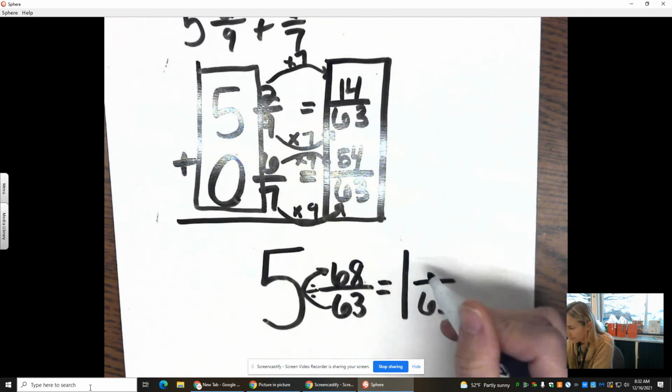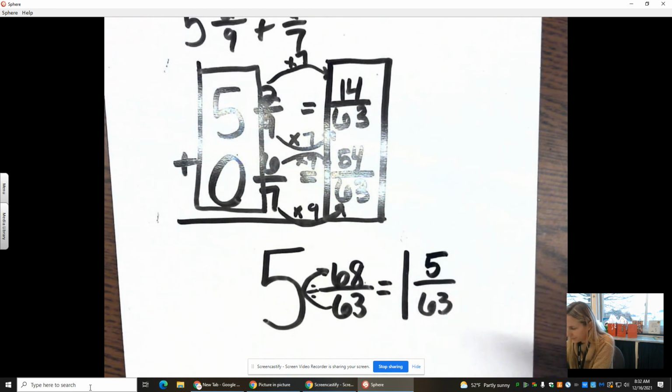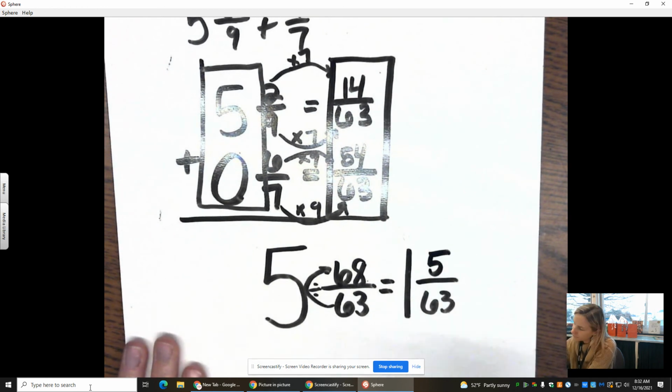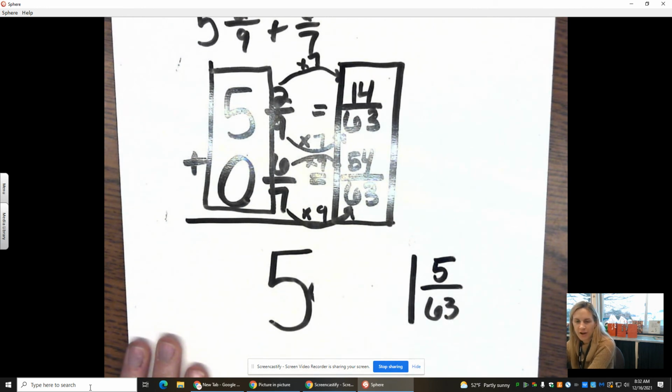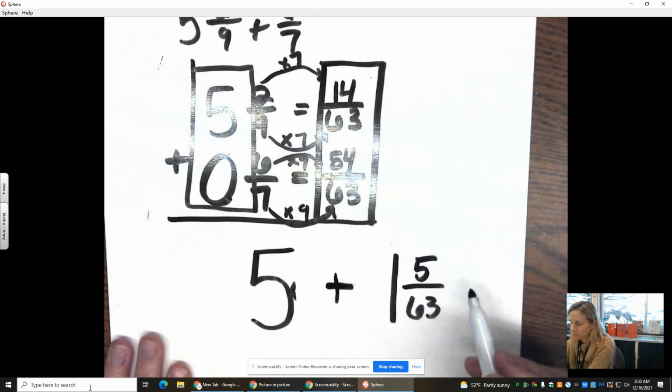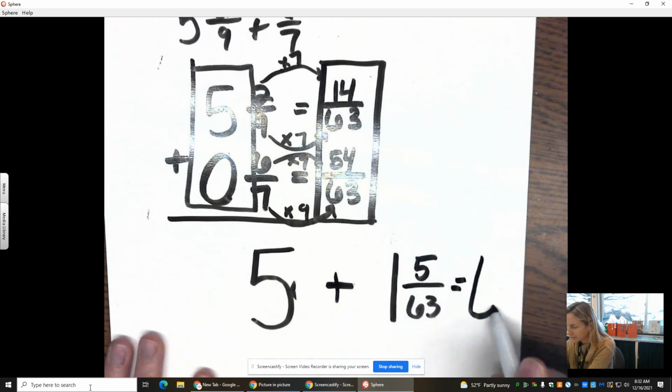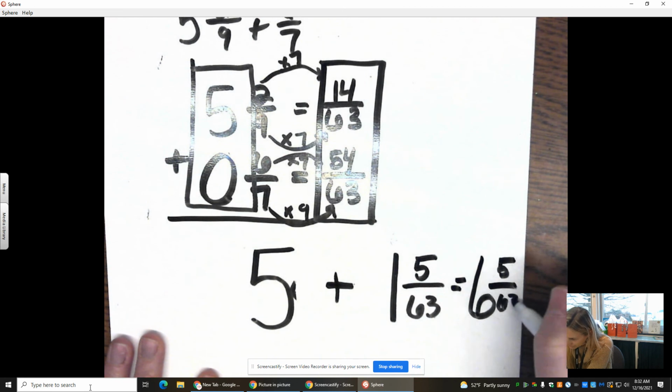I'm left over with 5. Okay, so now that I've gotten rid of that improper fraction, I'm left with the following. I have 2 whole numbers and a fraction. So my answer is 6 and 5/63.